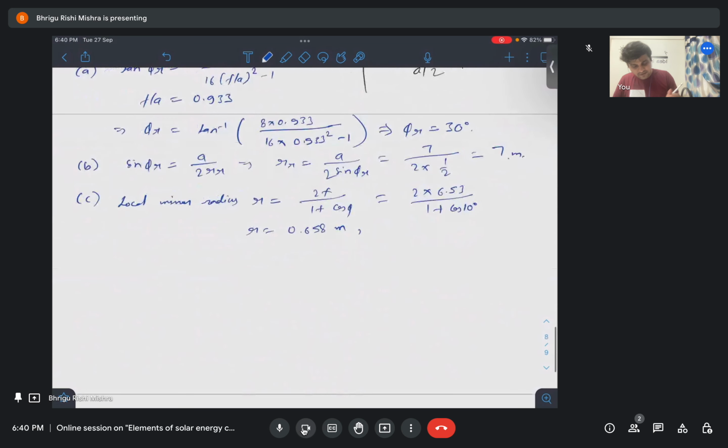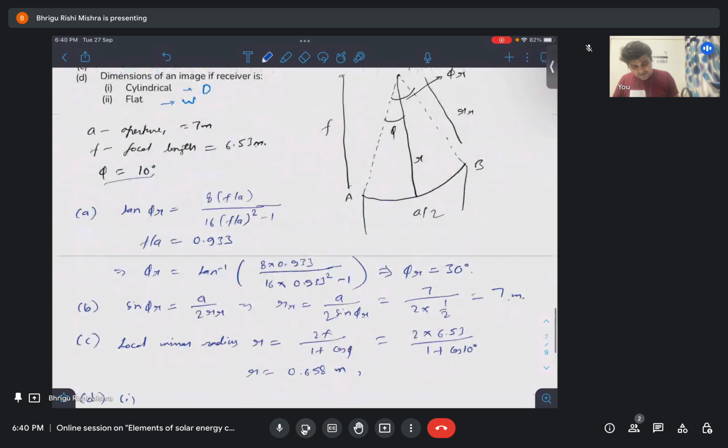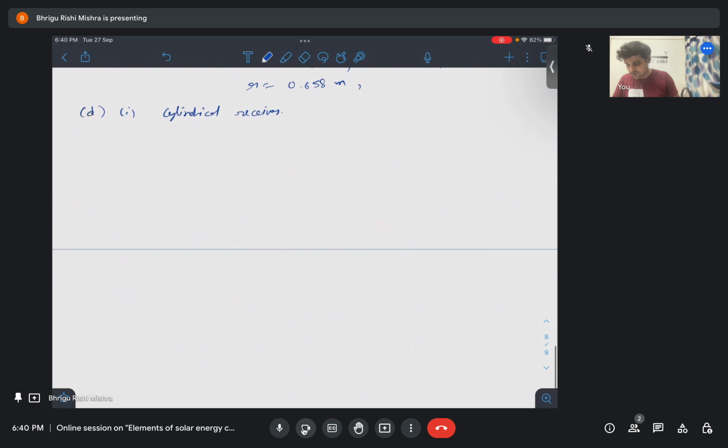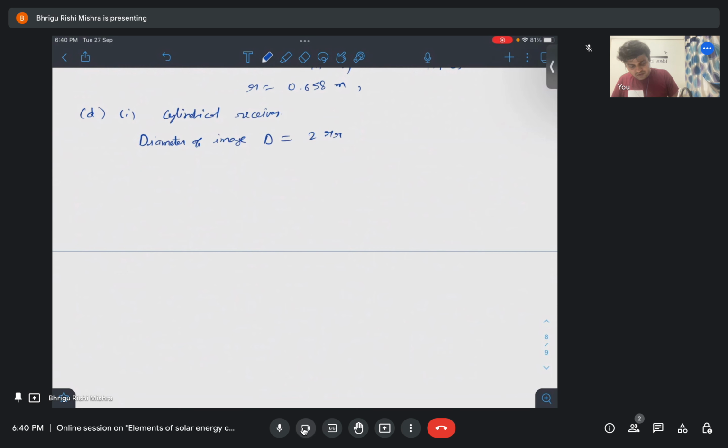Now the fourth. First, if it is a cylindrical receiver, the diameter of the image d is 2 rr sine 0.267.